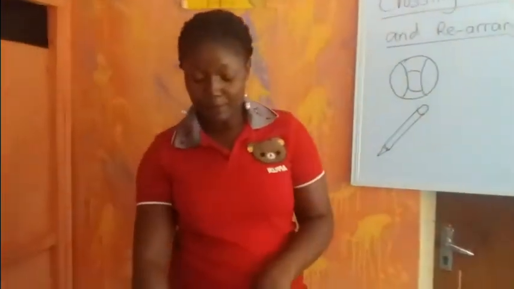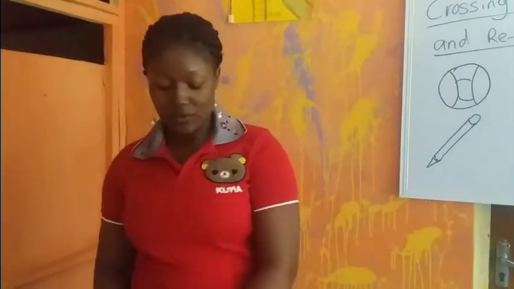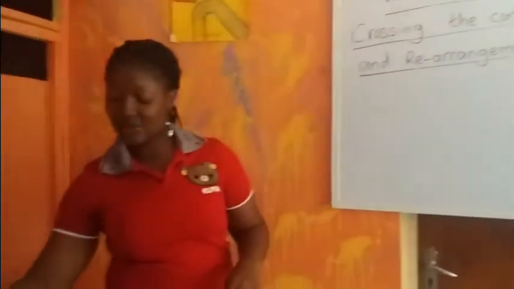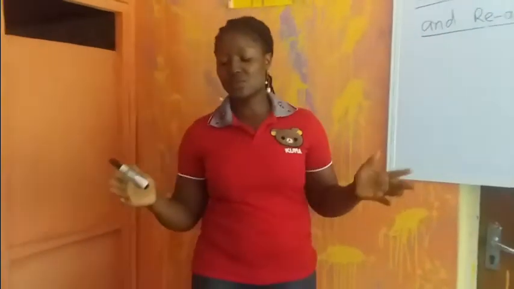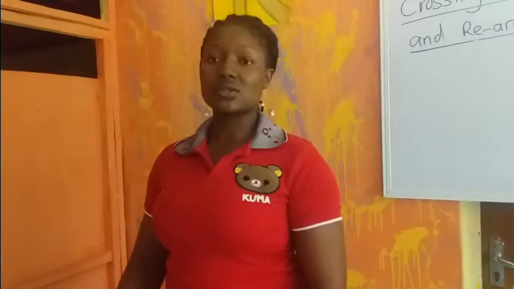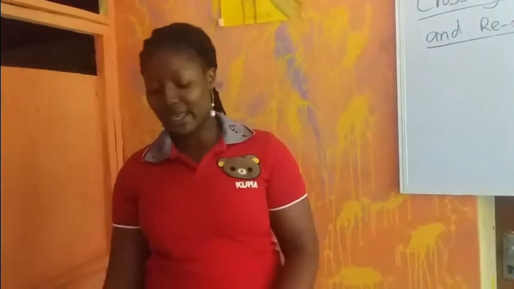And the next one is rearrangement of words. When we say rearrangement of words, we simply mean bringing letters together to form a meaningful word. Not just to form a word, but a meaningful word. A word that will sound good to the ear.